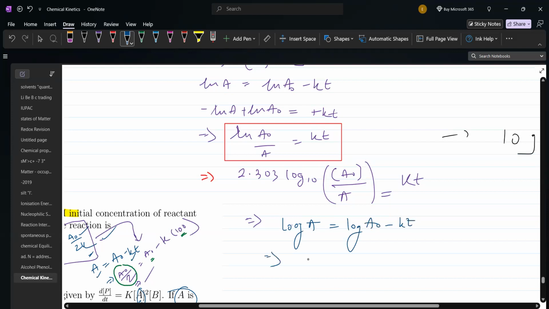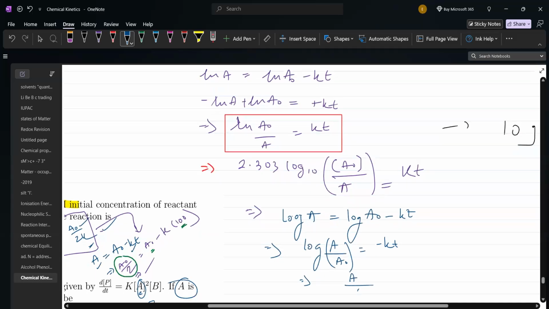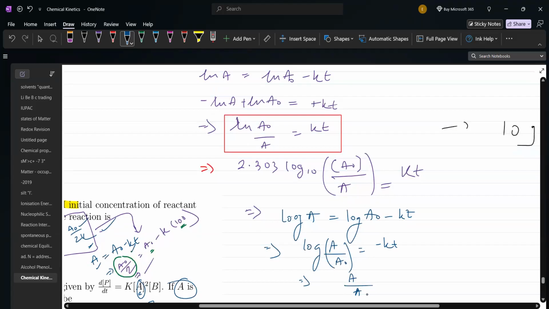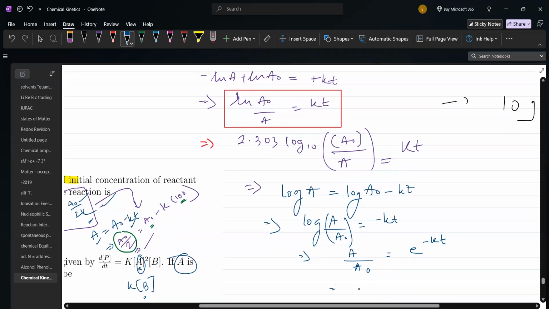Then we bring this A naught upon A, is equal to minus KT. Then we are giving power here. So A upon A naught. I will let you know why we are doing this. A naught upon A is equal to e to the power minus KT. Then A will be equal to A naught e to the power minus KT.